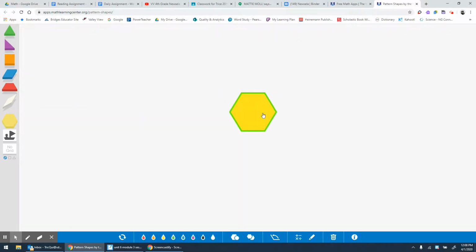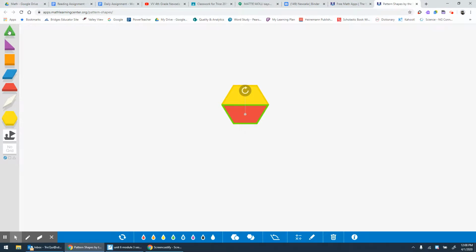What I'm going to do is pull out the hexagon. The hexagon represents 1 whole. Now I have a 2/6 and a 1/2. The 1/2 is our trapezoid. And I'm going to actually turn it upside down so it looks like what you guys see on your Workplace Station game.